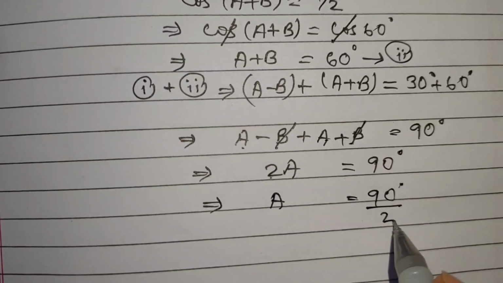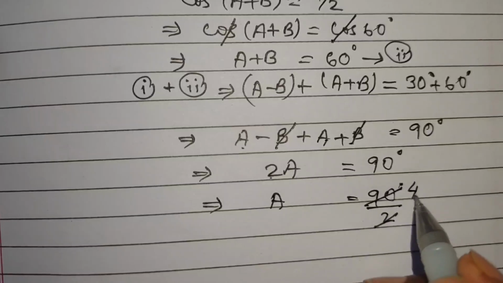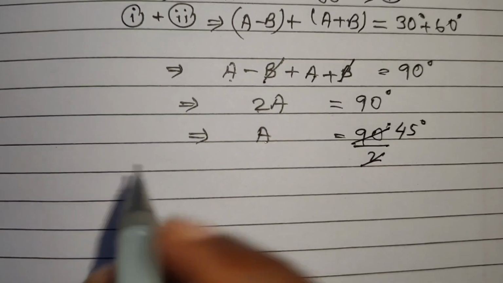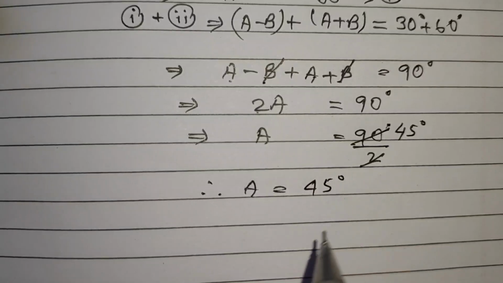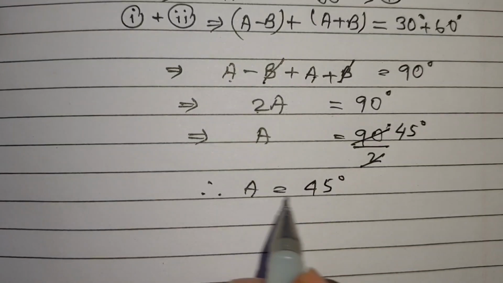This 2 will go to the right side and becomes divisible. That means 90 degree by 2. 2 in 90, 45 times. Here a is equal to 45 degree.